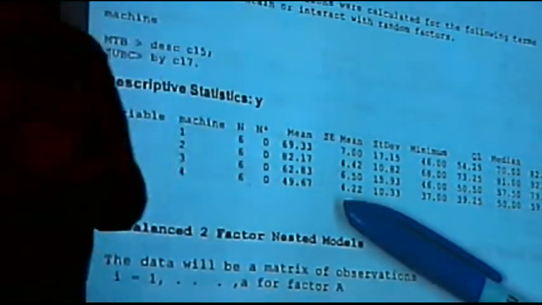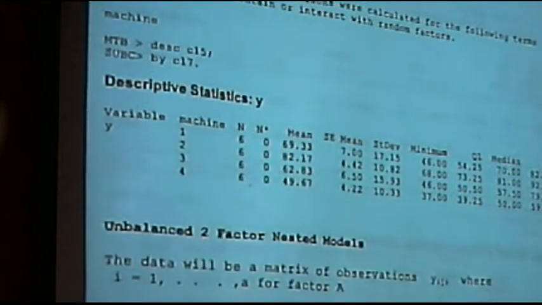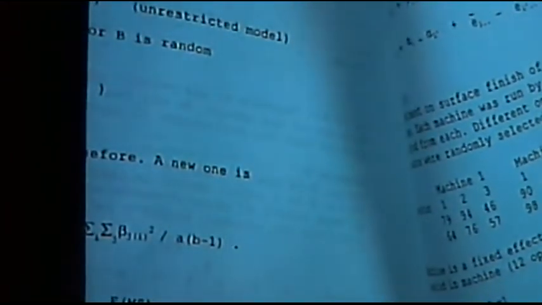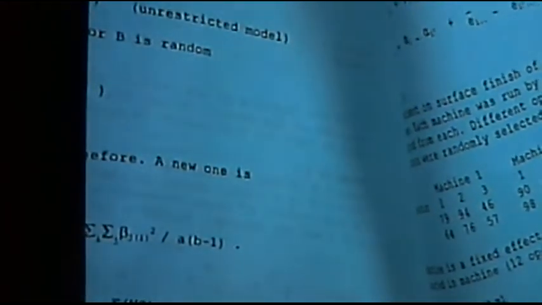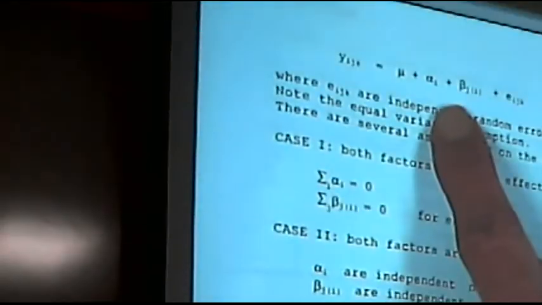Well, let's look back a little bit. When we were writing down the model, I said back on page 2, there's the model equation.